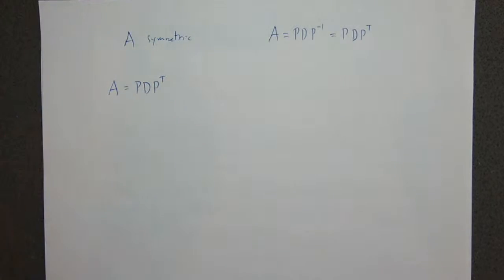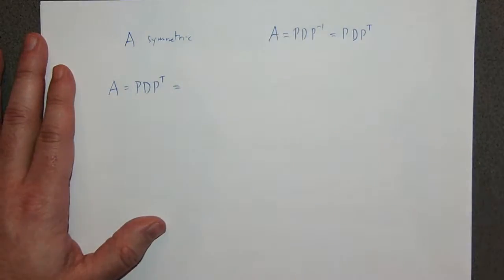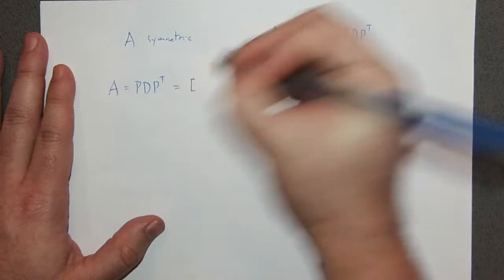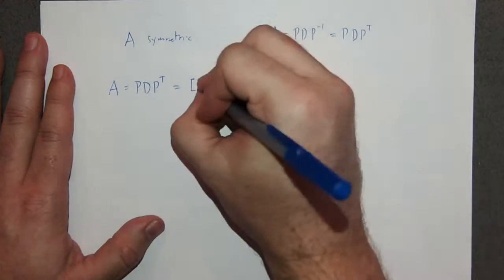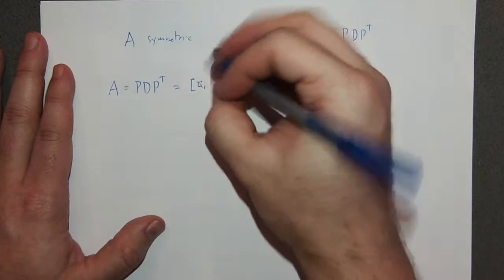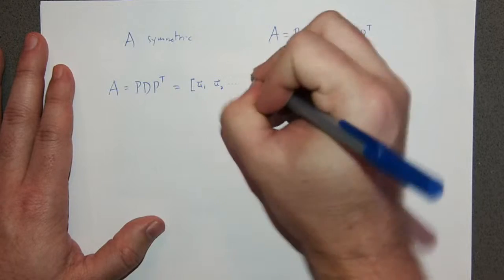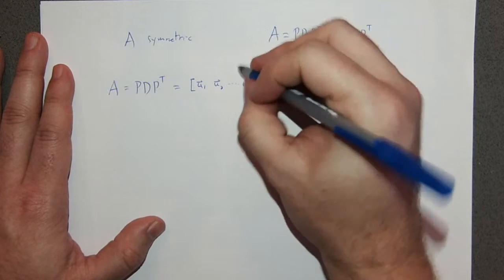But of course, we actually know the very nice form these things take. If I think of the columns of P, I'll call them U's, because P is an orthogonal matrix, so these form an orthonormal basis of Rn.